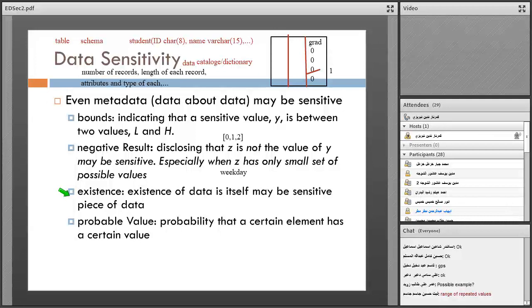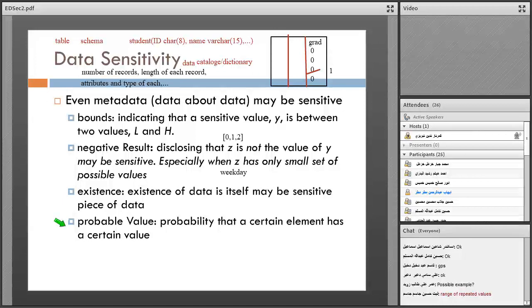If I know that the information exists, then I will go to step 2. Maybe a laboratory doesn't want anyone to know that they have information about the vaccine. They don't want anyone to know that such a formula exists. Here, the existence of the data is sensitive by itself.